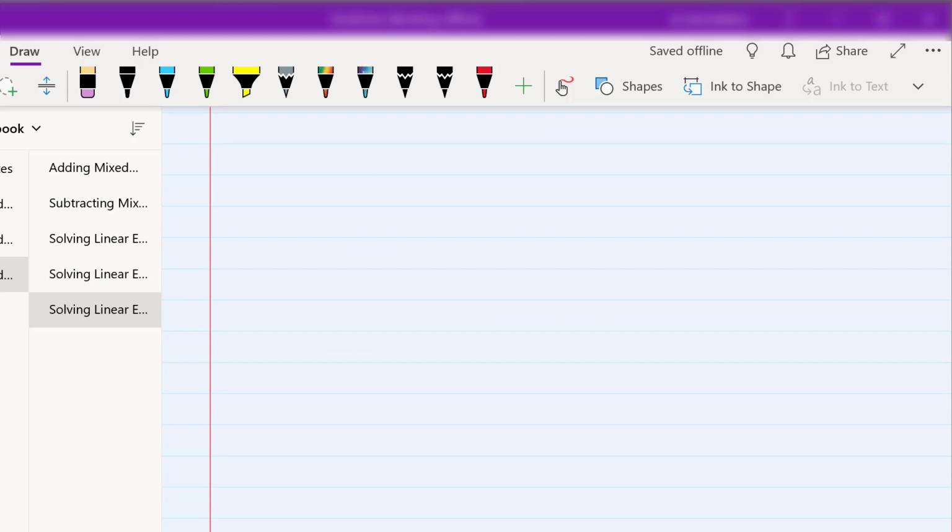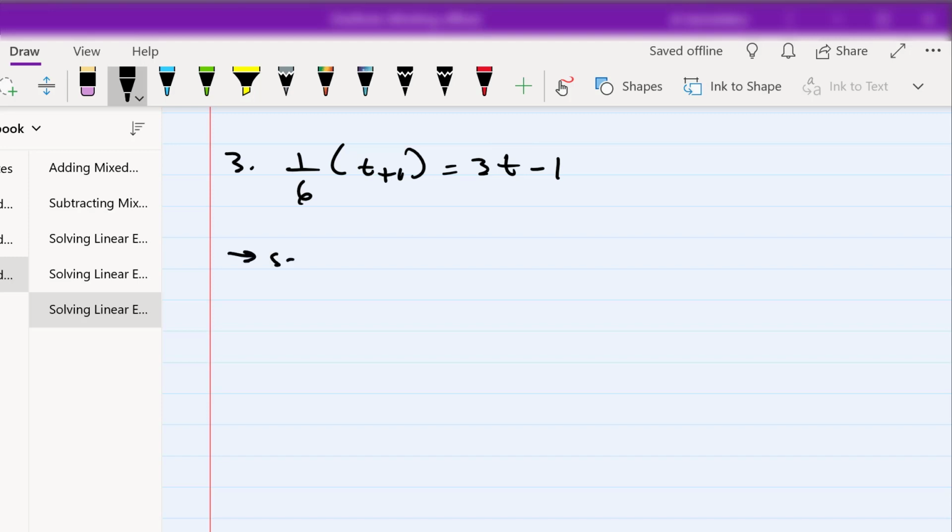Let us look at another example, 3. Suppose I had 1/6 t plus 1 equals 3t minus 1. And we are asked to solve for t. If you have a problem like this, the easiest way is to deal with the fraction in front of your parentheses, 1/6 (t plus 1).